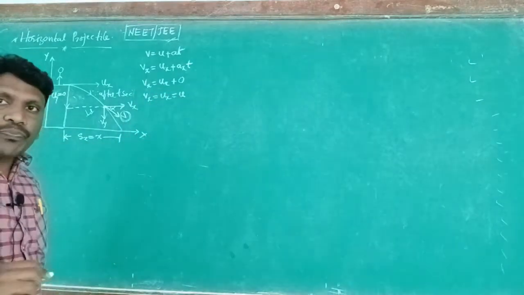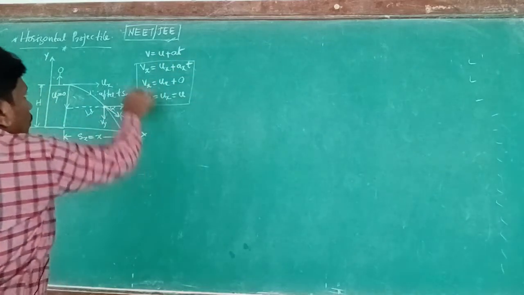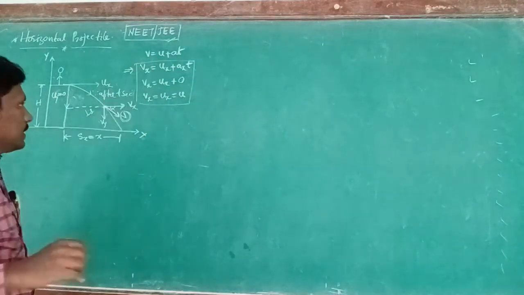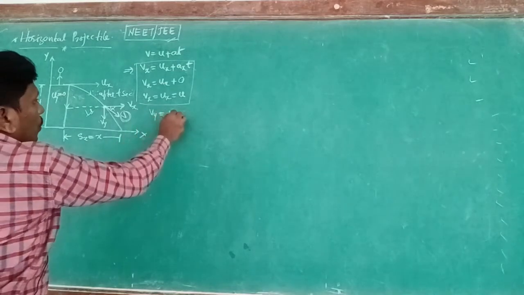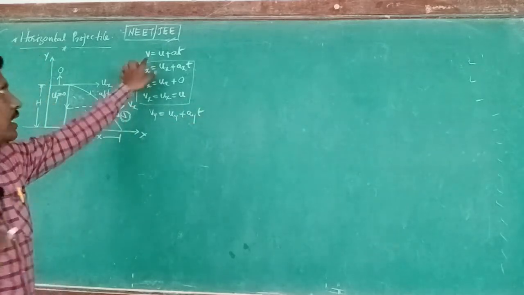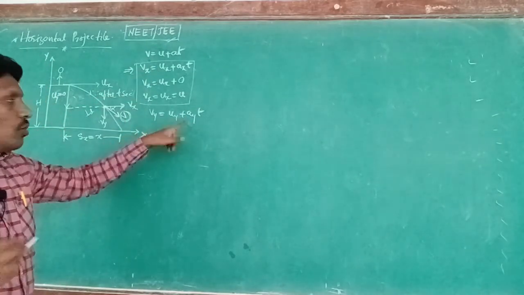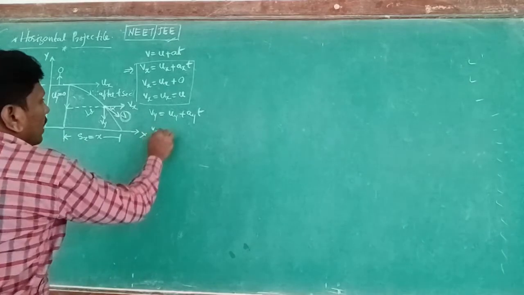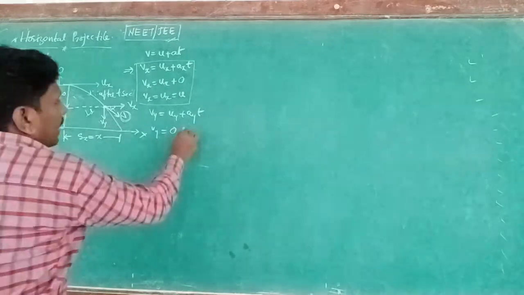Okay, so this is the horizontal velocity. Now if you write it as Vy is equal to uy plus ay into t, I am writing the velocity along x direction and the velocity along y direction. So Vy is equal to uy, which is 0, plus ay.